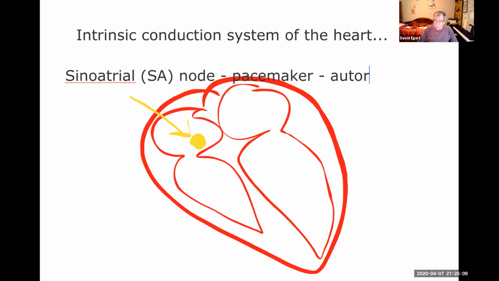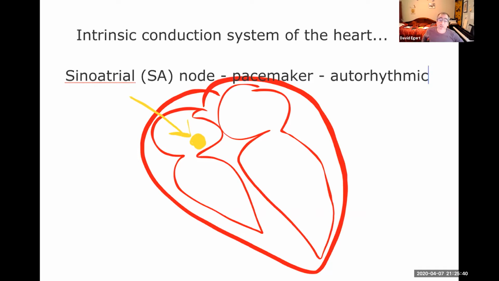So autorhythmic means that it's going to keep going on its own without any input from anything. The autonomic nervous system can change the frequency, how fast it's sending out its signals.